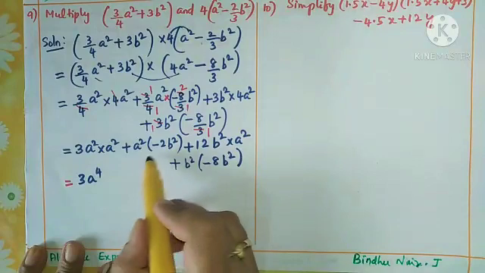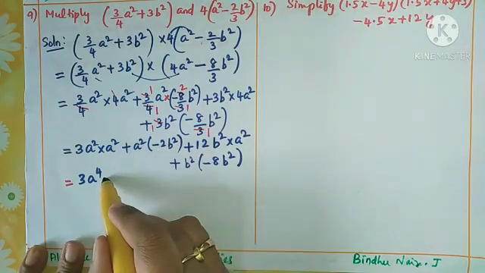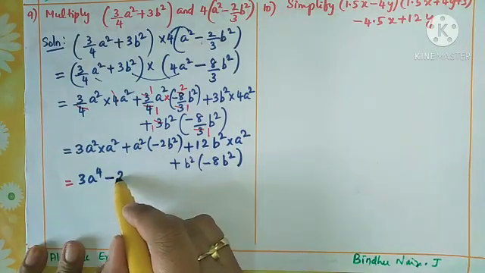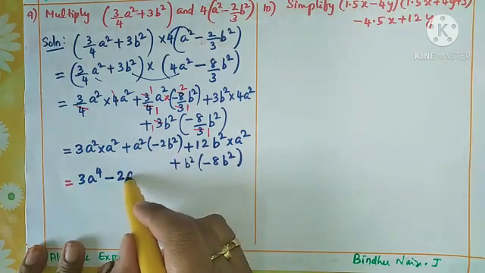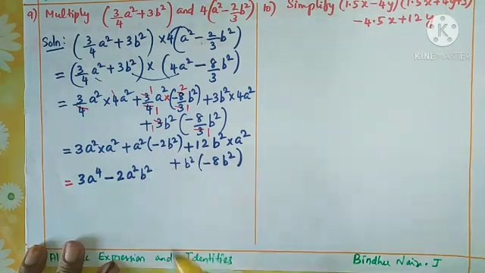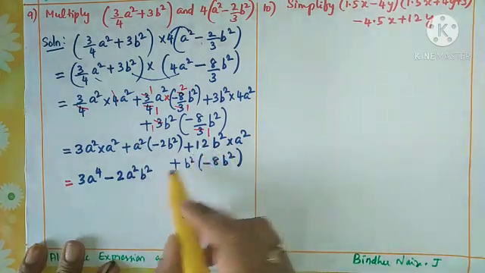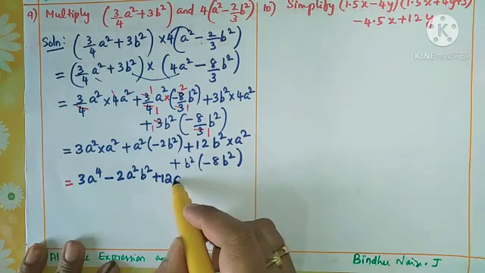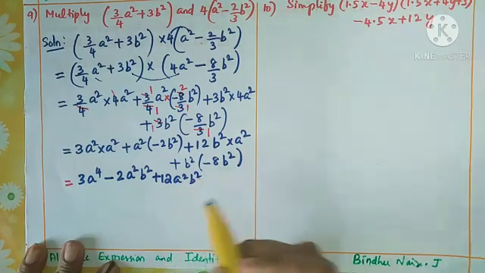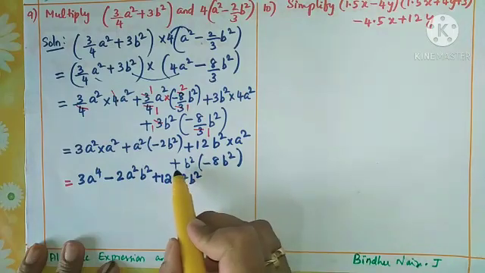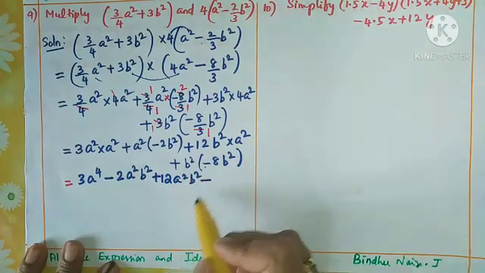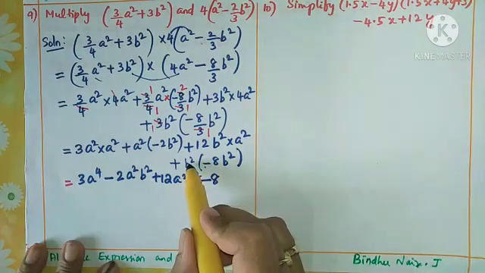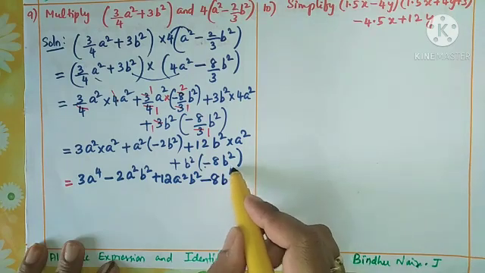Then here plus into minus. So minus 2, different variables. So write as it is, A square B square. Now here also plus 12 A square B square. Okay. Then the last one you see, plus into minus, minus 8B square, that is B raised to 4.